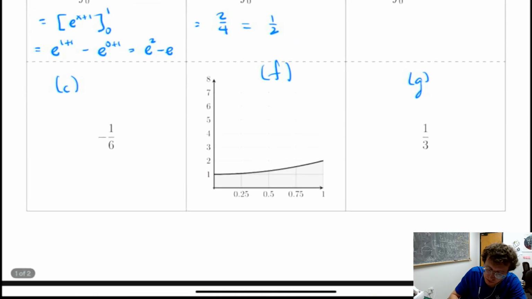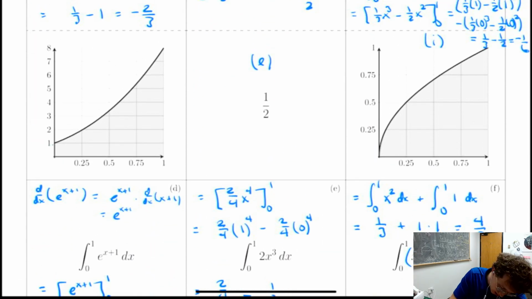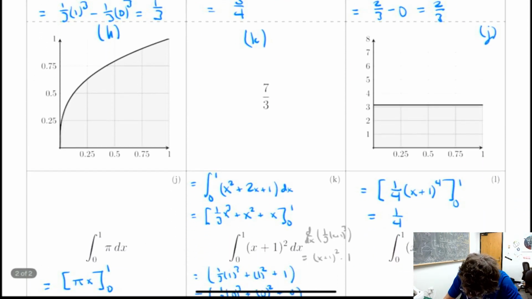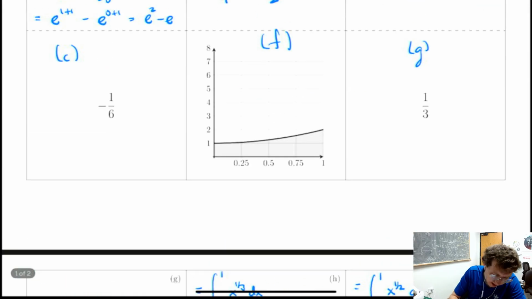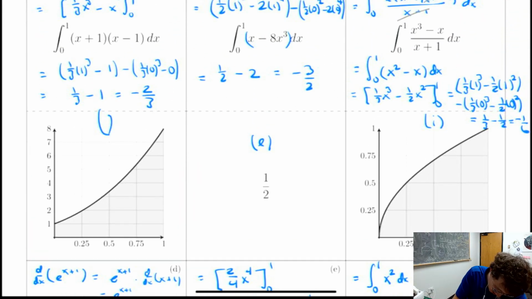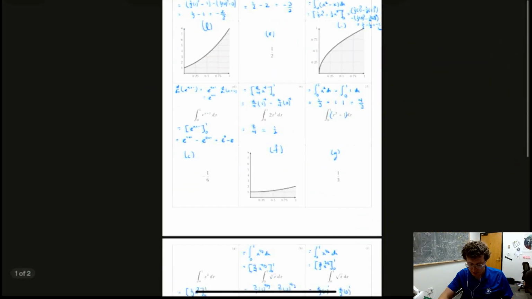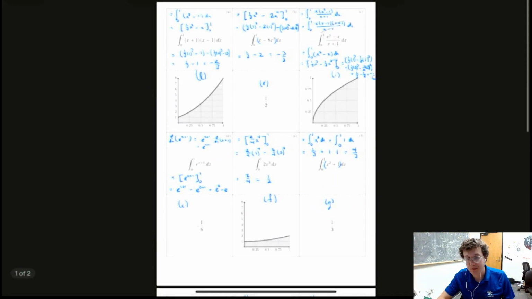So I'm looking for a graph that goes up from 1 to 8 as x goes from 0 to 1. That is this one. That was domino L. And we're back to the start. So we have completed the activity.